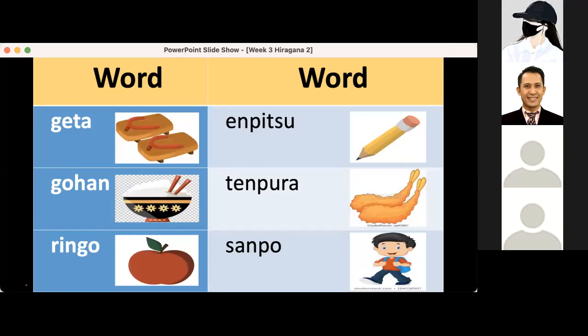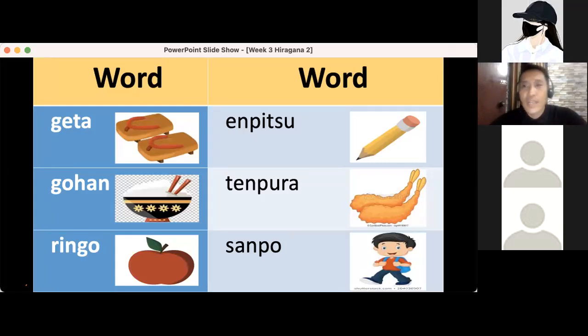Again, gaya ng sinabi ko po kanina, yung N dito, ginagamit po siya when we are creating a sound na sound.